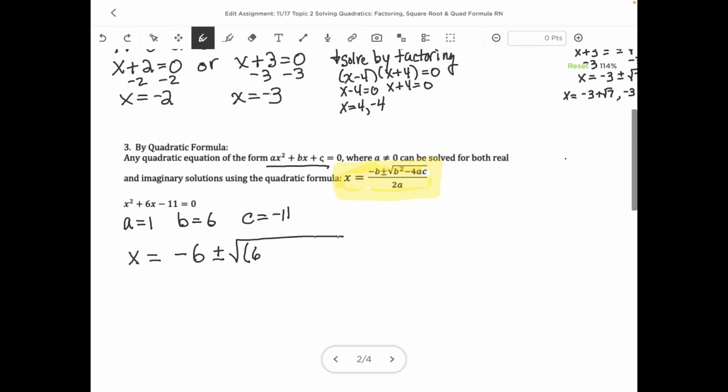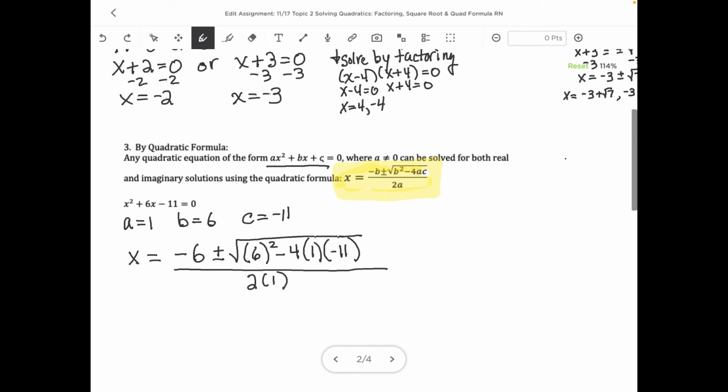Whatever the B value is, place it in parentheses when you square it. No matter what the B value is, place it in parentheses. Minus 4 multiplied by the A value and then multiplied by the C value. And then you see a long fraction bar because it covers the entire numerator, 2 times A.